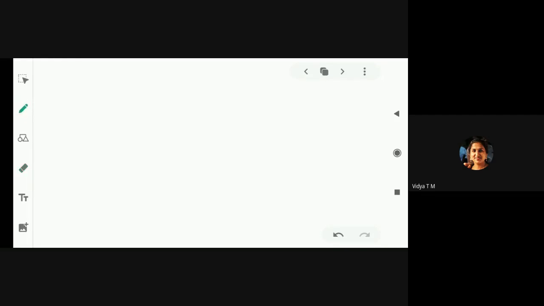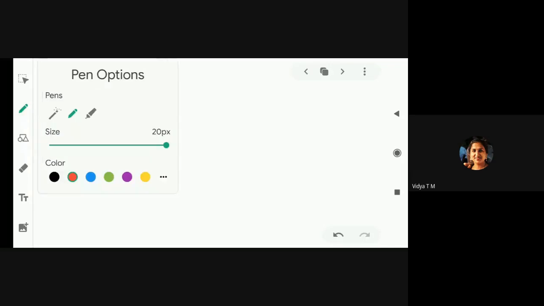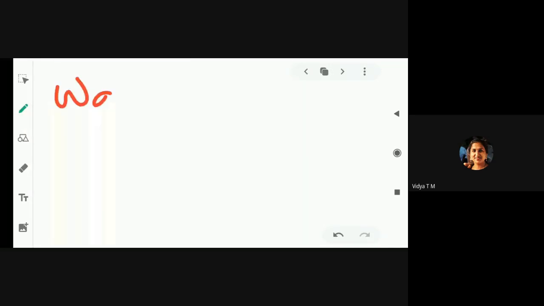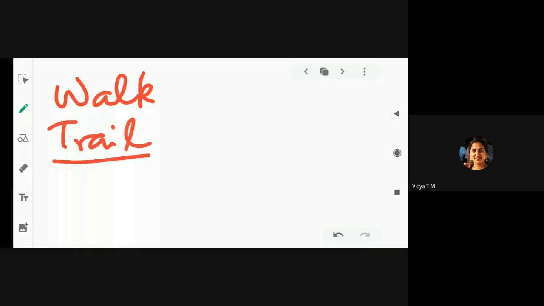Then the actual study of graph theory starts with the definition of walk. This is very important. I will write these: walk, then trail. We will be dealing with trail in the chapter on Euler graphs. Then the associated terminology, path, and the last one, cycle.